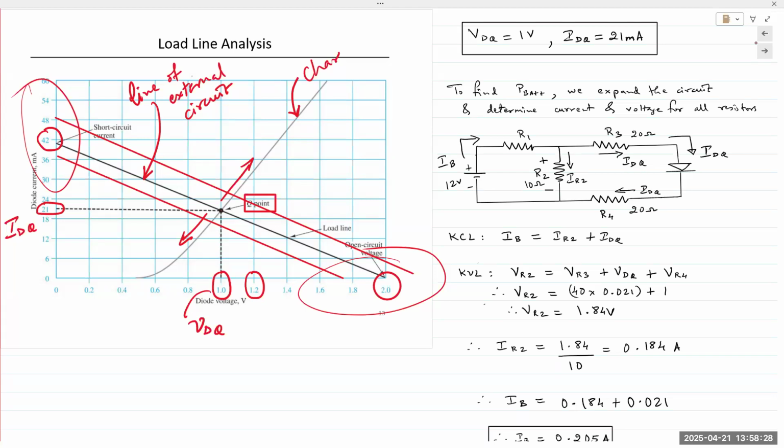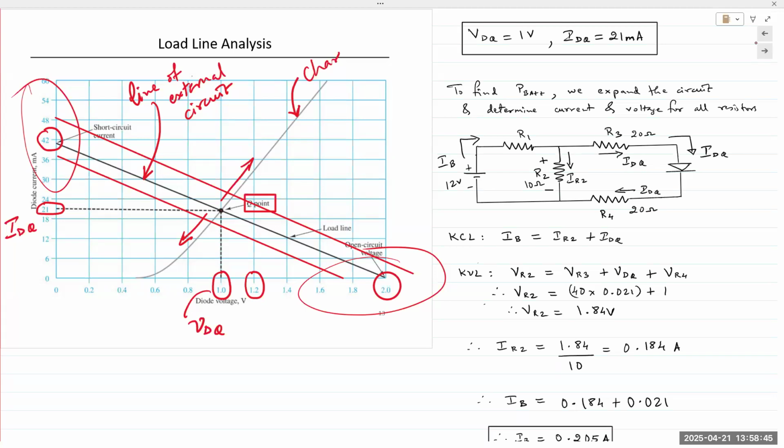So again, load line analysis, and I'm spending some time over here because we're going to use this again for Zener diode. We're going to use it again for BJTs. We're going to use it again for CE amplifiers. It's a very useful technique, but the steps remain the same.